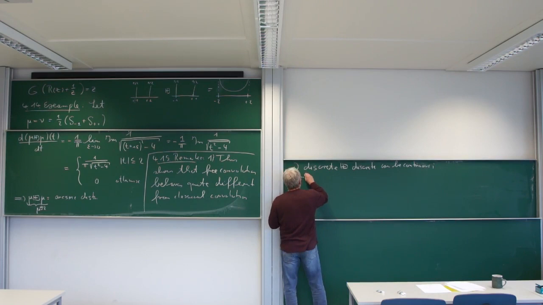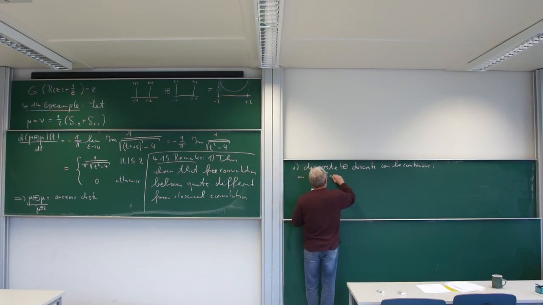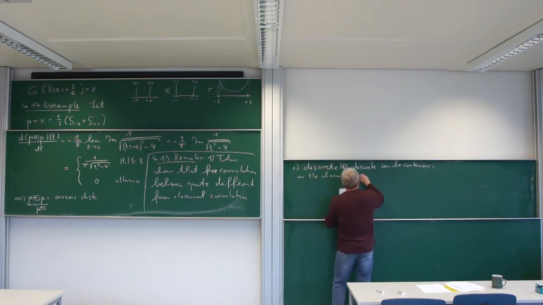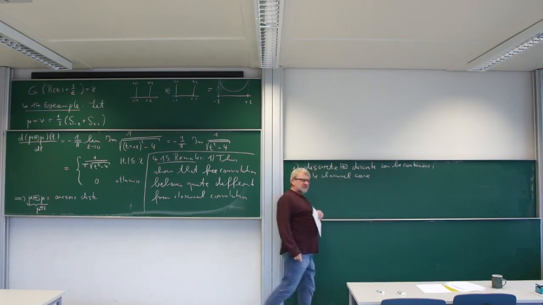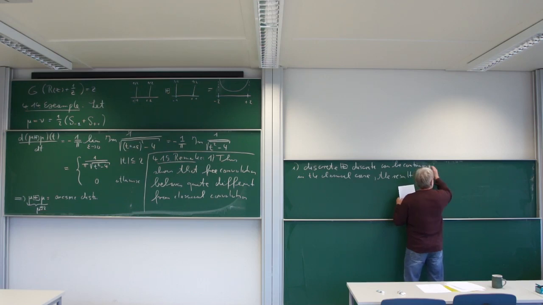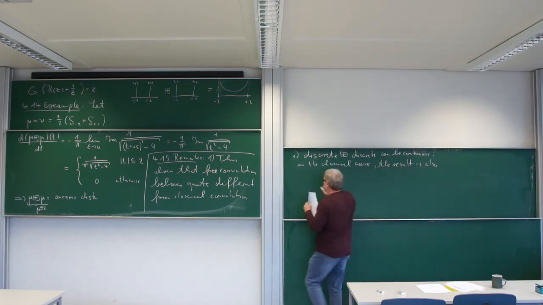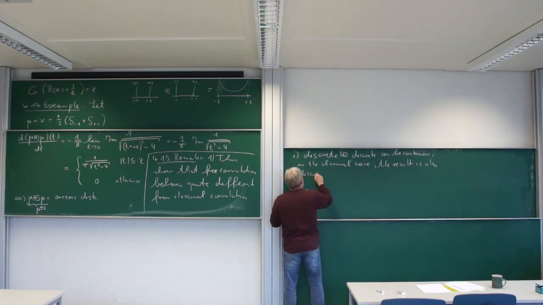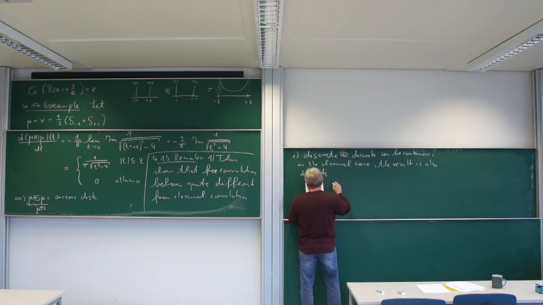In the classical case, if I take the classical convolution of two discrete measures, I get again a discrete one. This side is also discrete.